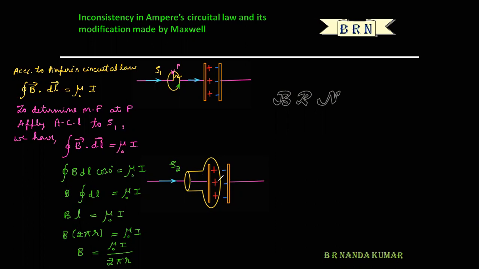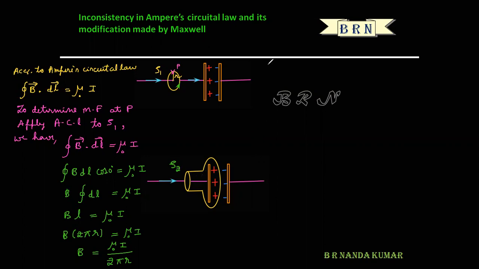There is no current flowing through the surface S2. Current flows through the plane surface, but the current flowing through this surface S2 is actually zero.